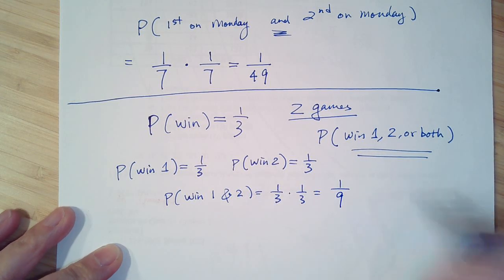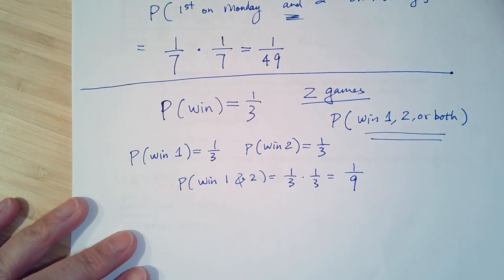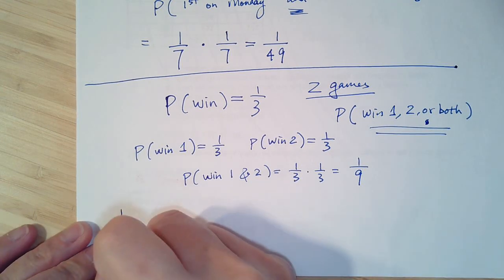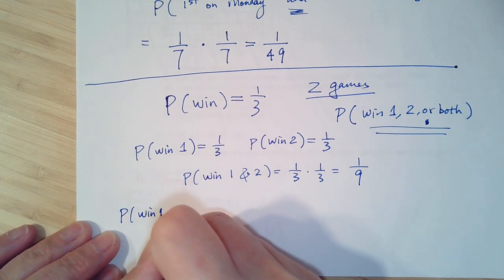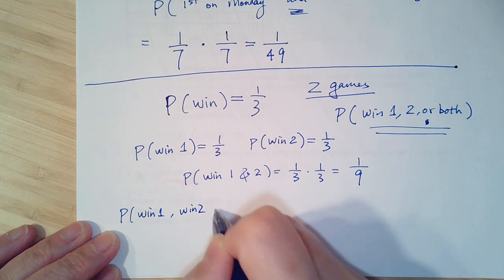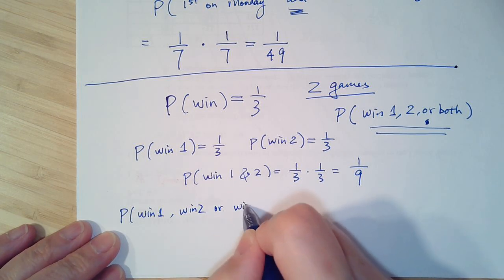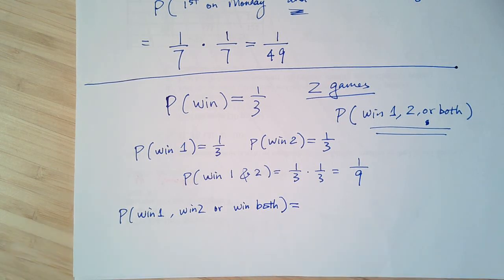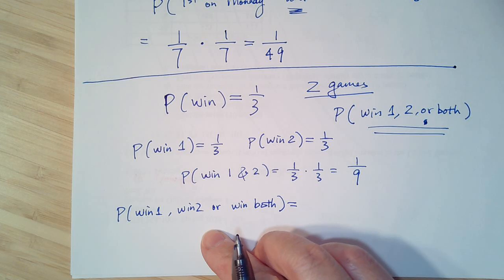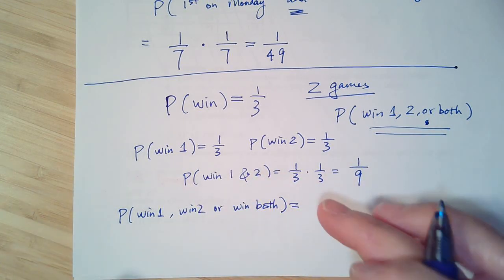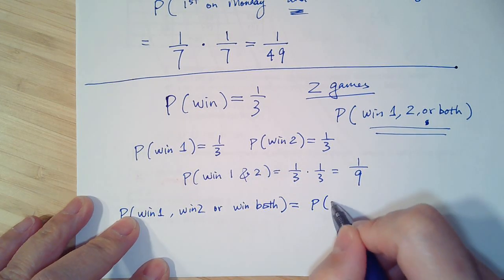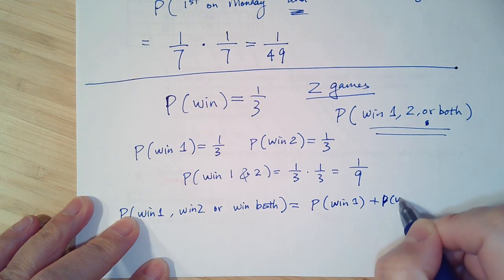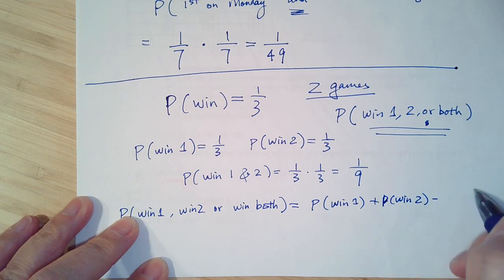You agree? Okay. And then when we talk about an "or," here is going to be the addition rule. So the probability of win 1, win 2, or win both. That's 1 or 2 or both. Do you remember the addition rule, which is the probability of win 1 plus the probability of winning game 2, subtract the probability of win both?